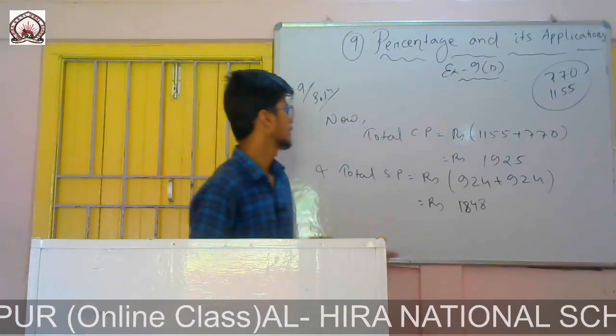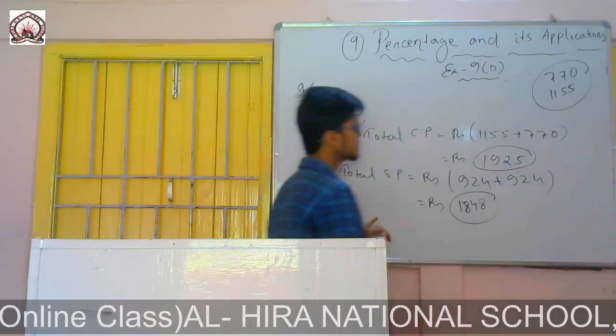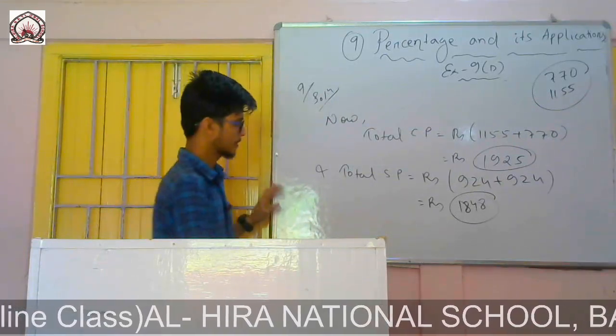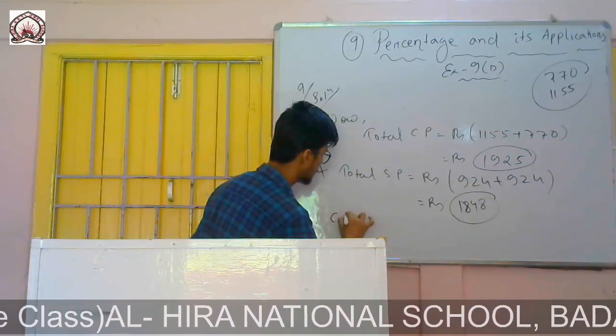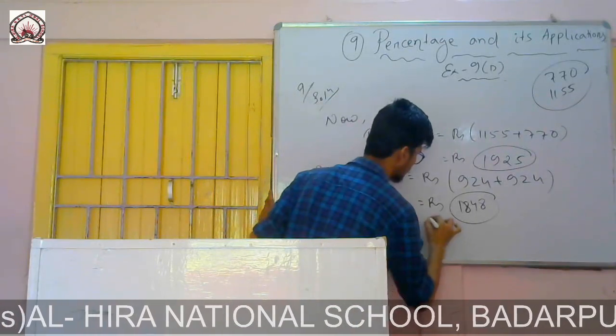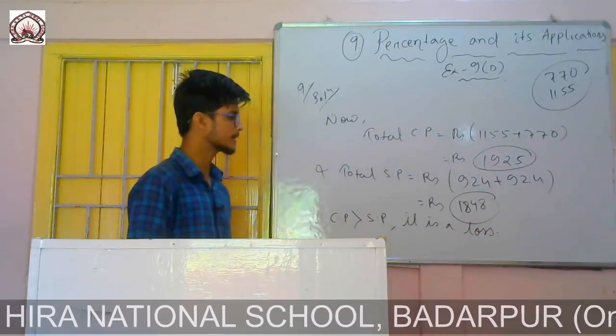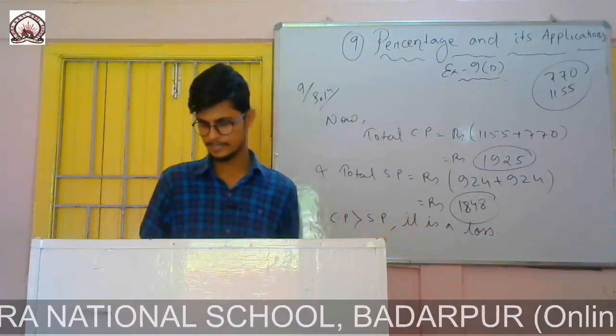So you see that the cost price is more, the selling price is less. That means there is a loss. So since CP is greater than SP, it is a loss.